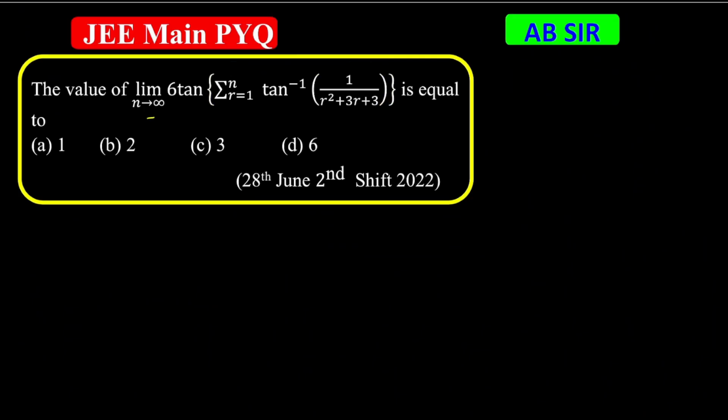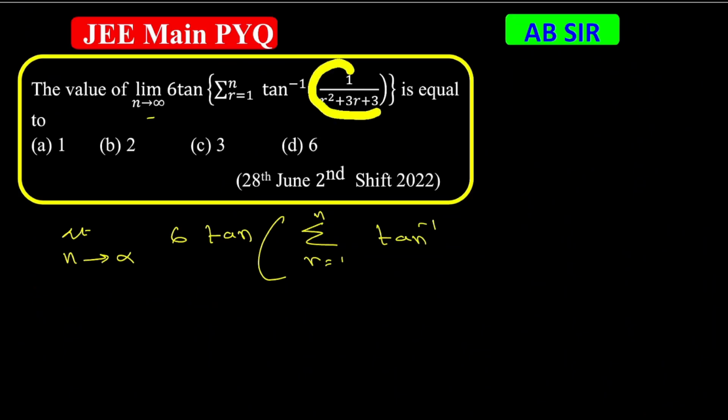In this case, first of all I am writing the term limit n tends to infinity, tan of summation of r equal to 1 to n, tan inverse. Everybody see this.